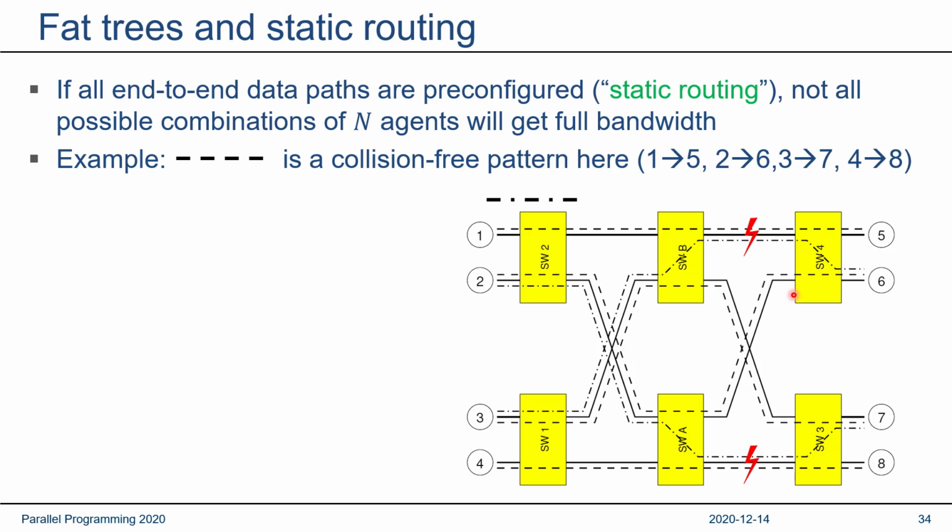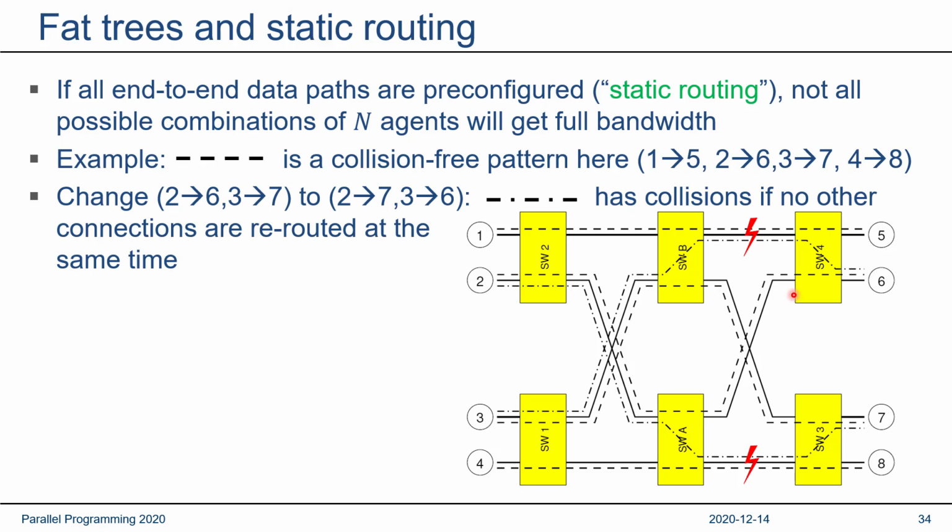However, if you change the communication pattern just slightly, the collision-freedom goes away. For example, instead of going from 2 to 6 and 3 to 7, we change to 2 to 7 and 3 to 6.